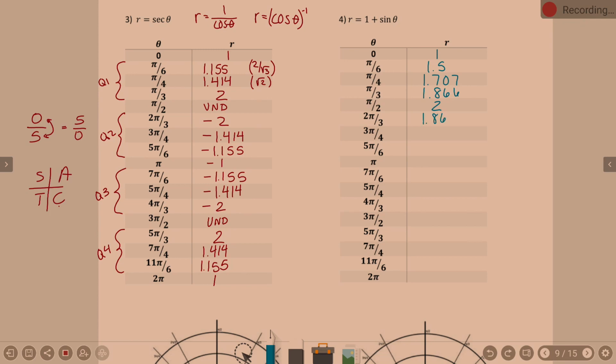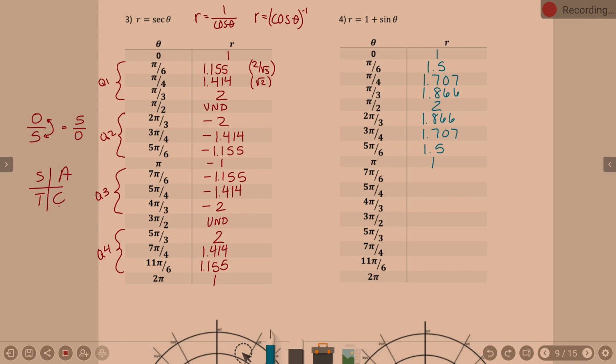So these values are going to be the same. 3 pi over 4 is going to be the 0.707 plus 1. 5 pi over 6, 0.5 plus 1, so 1.5. Sine of pi is 0, add 1, you are at 1.